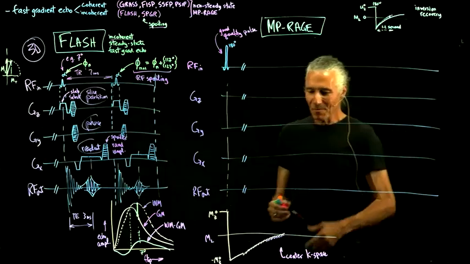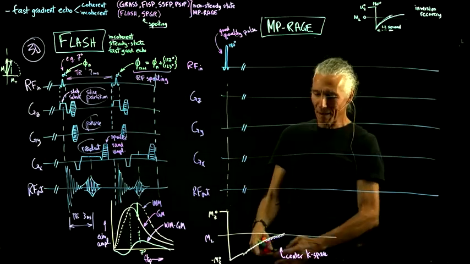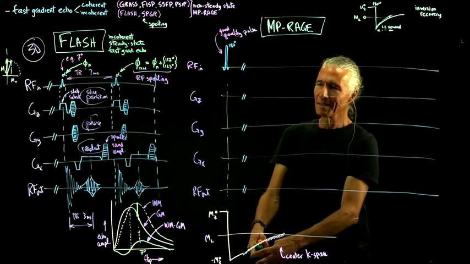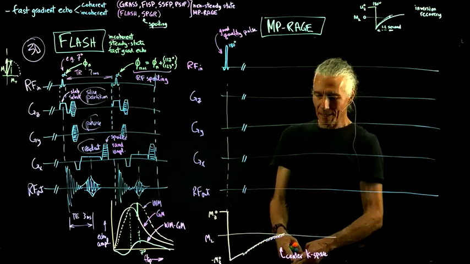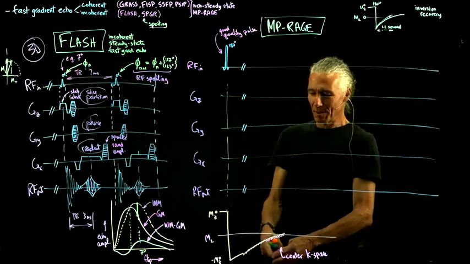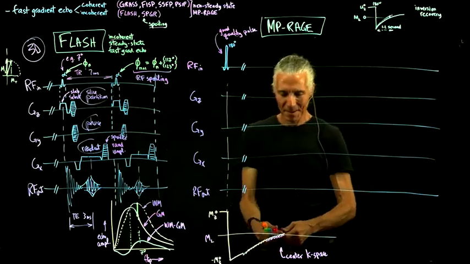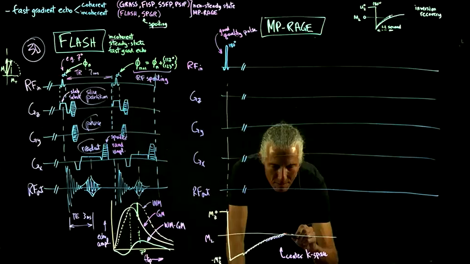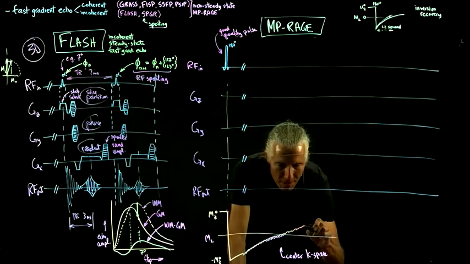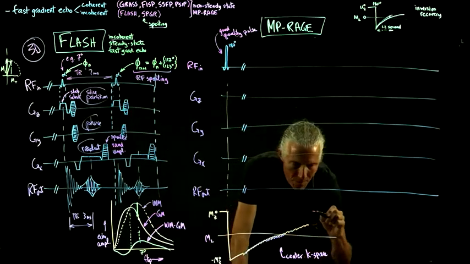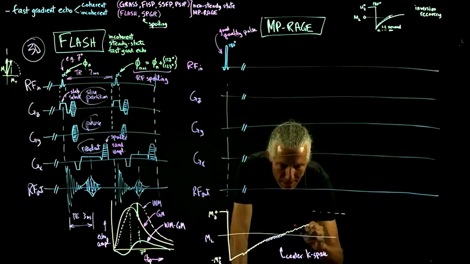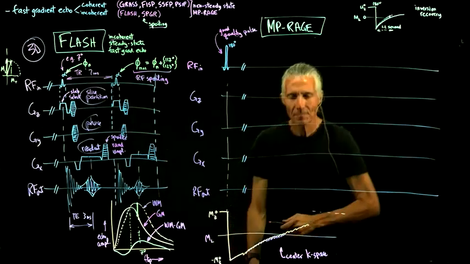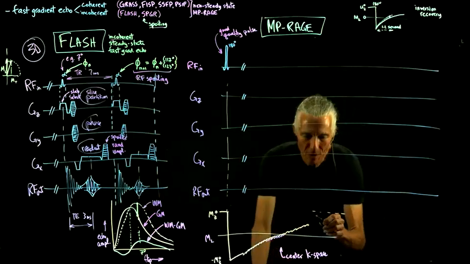But it's kind of weird, because what you're doing is recording some spatial frequencies that are not at the center of K-space with different contrast. And then you keep going for a while and record more, but you still haven't got anywhere close up to here, and then stop recording.